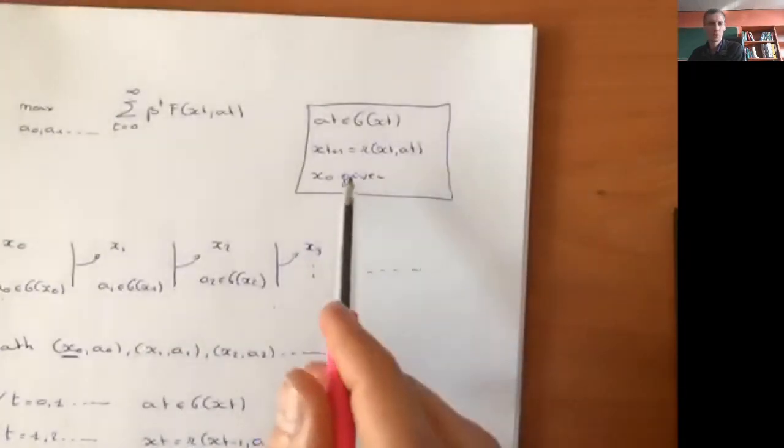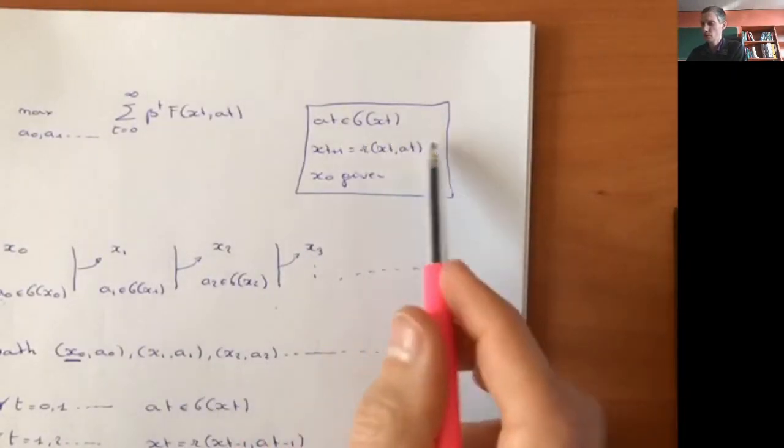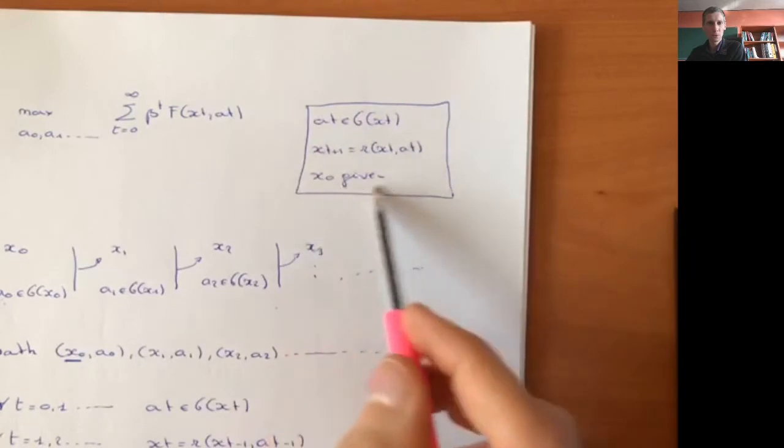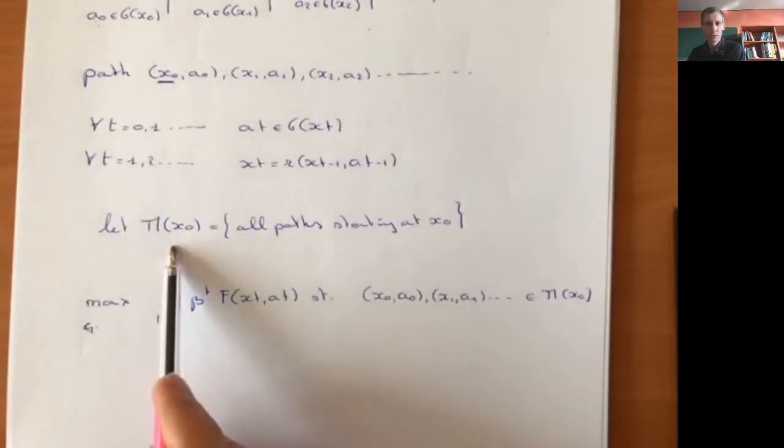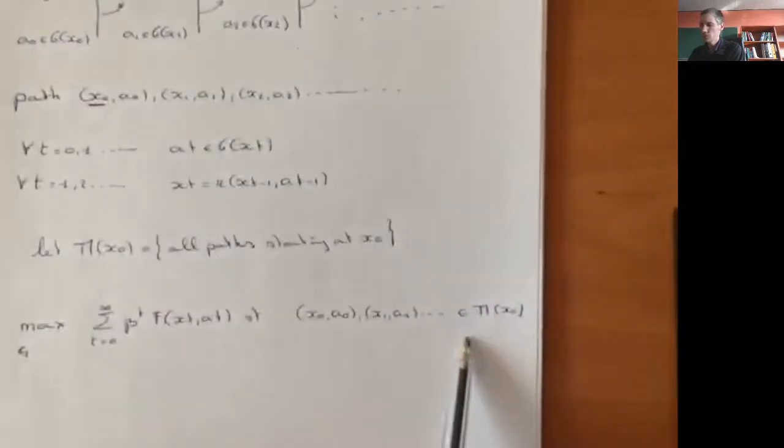Okay, so basically what we have done now, we've done nothing very impressive. We have taken all sequences that satisfy these restrictions into one set, and then we have just substituted this by this. Okay, so nothing fancy here.